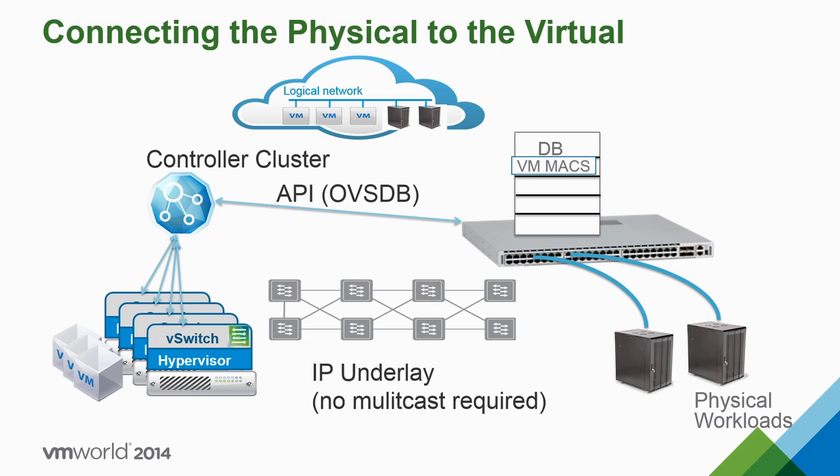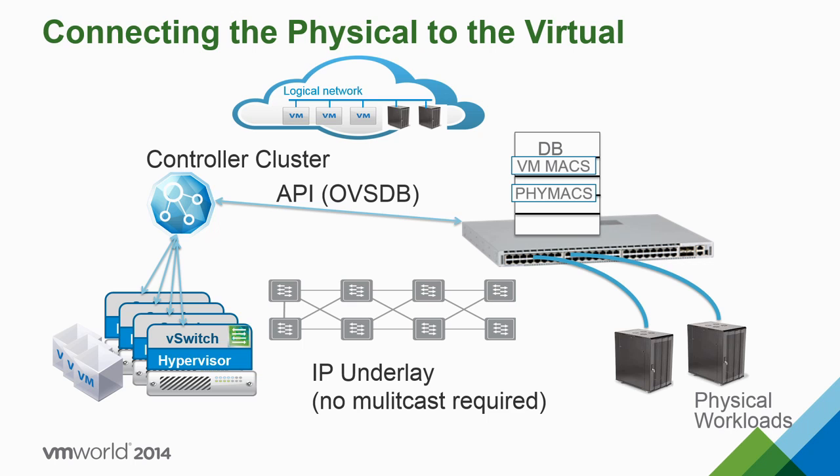The physical switch knows the MAC addresses of the physical hosts, which it learns through conventional means, so it writes that information into the database as well. So both the switch and the controller are looking at this database, and they build up a shared view of the physical world and the virtual world, just enough to enable this physical switch to participate in these networks.